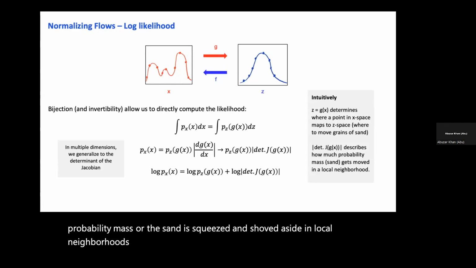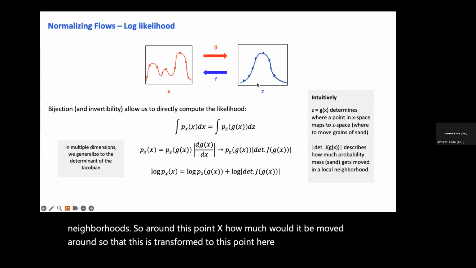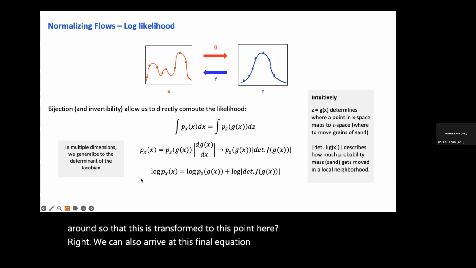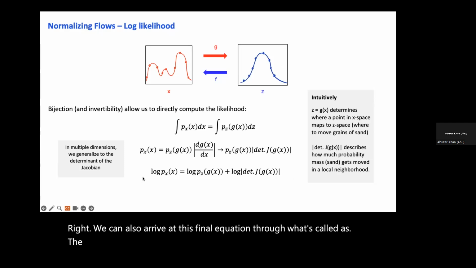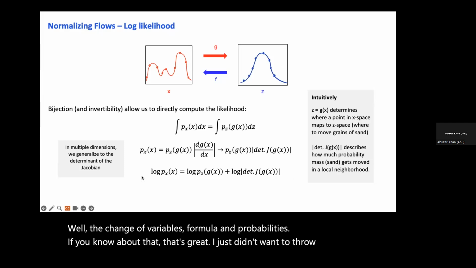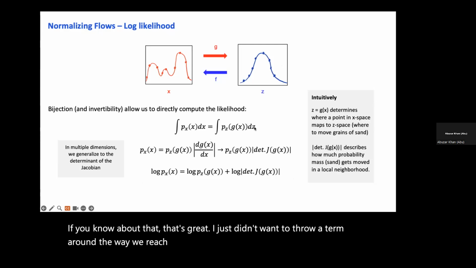So around this point X, how much would it be moved around so that it is transformed to this point here? We can also arrive at this final equation through what's called the change of variables formula in probabilities. If you know about that, that's great. I just didn't want to throw a term around. The way we reach it is simply by expanding on this integral.